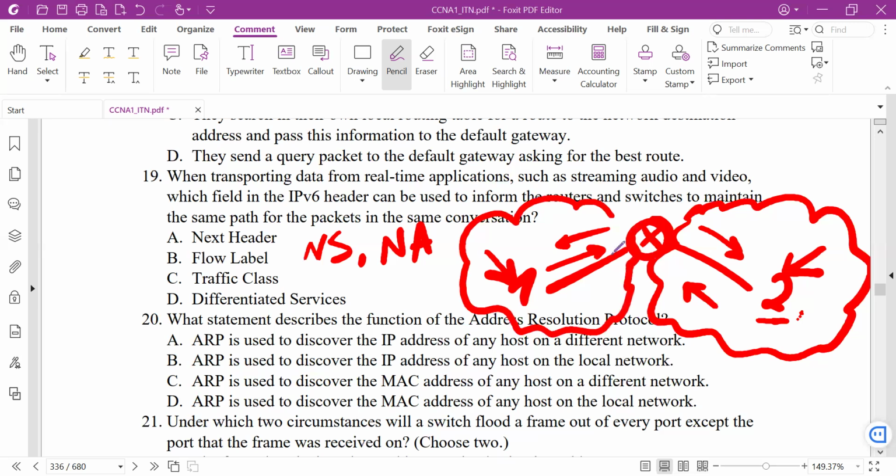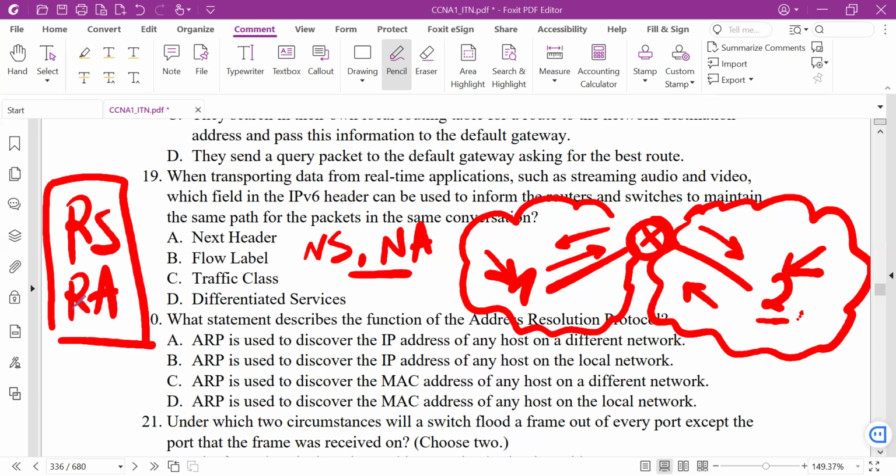But with router solicitation and router advertisement, I think it becomes very different. These ones can operate between my networks, which is a different thing from a neighbor discovery issue.